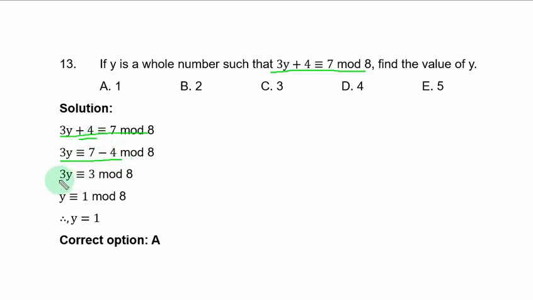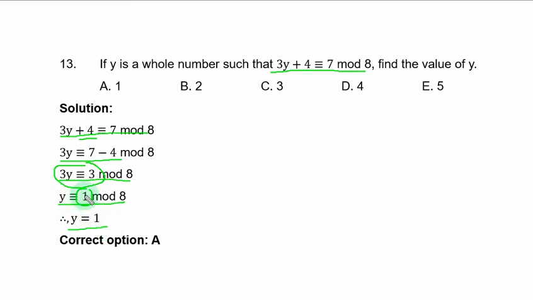If you subtract, you get this result. Divide through by 3. If you divide through by 3, you have y equivalent to 1 modulo 8. Now 1 is an element in modulo 8, so y is equal to 1.